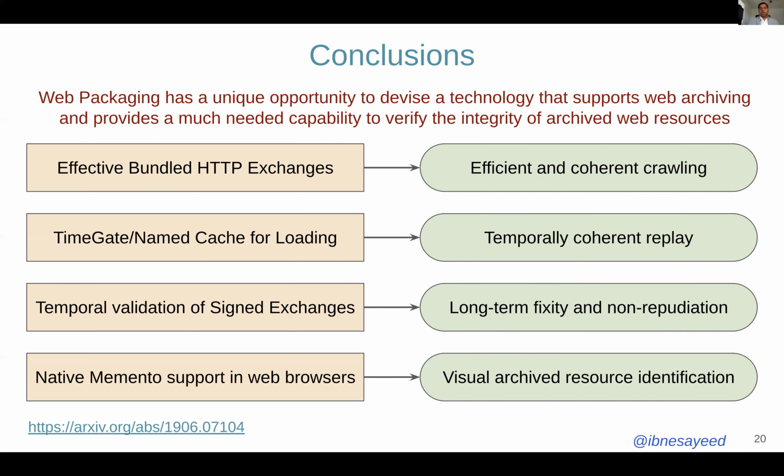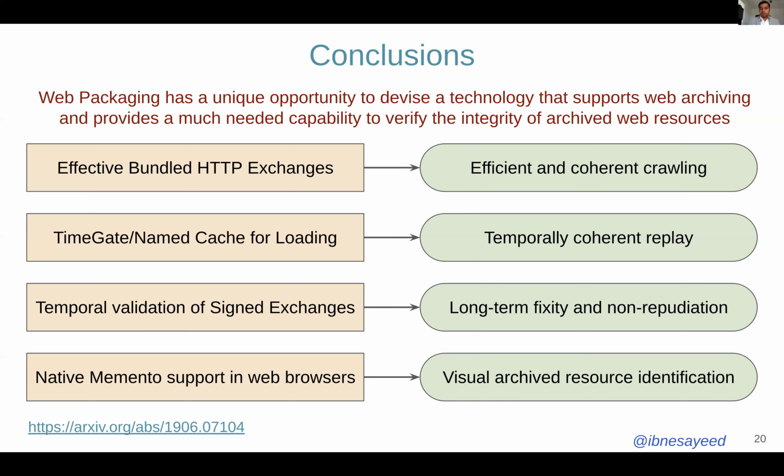If TimeGates or name caches for loading are implemented, or some other means along the same line, then we'll have more temporally coherent replay and temporal validation of signed exchanges. When those are implemented, if ever, then we'll have a means for long-term fixity and non-repudiation.